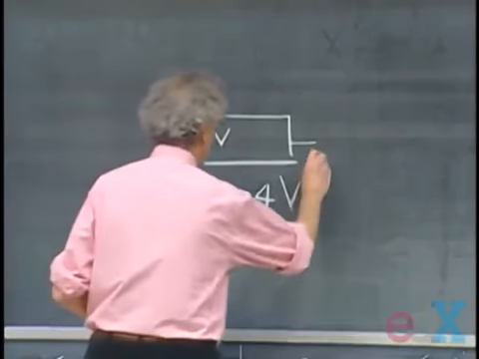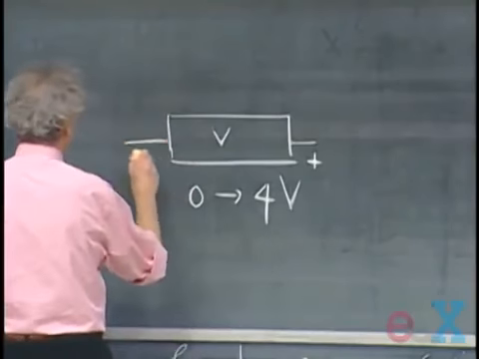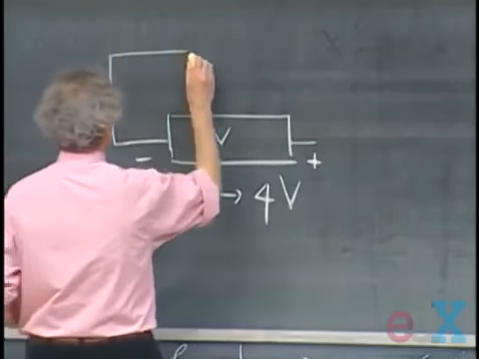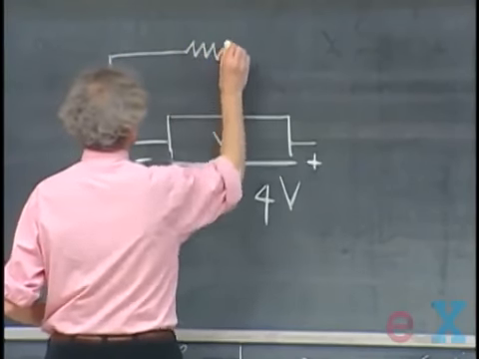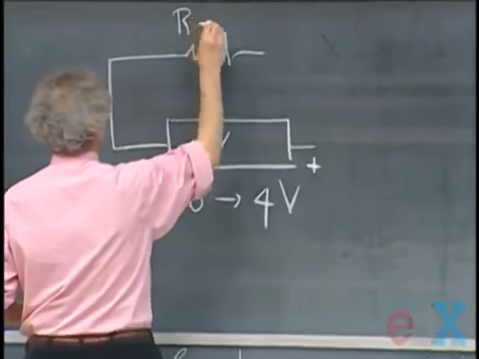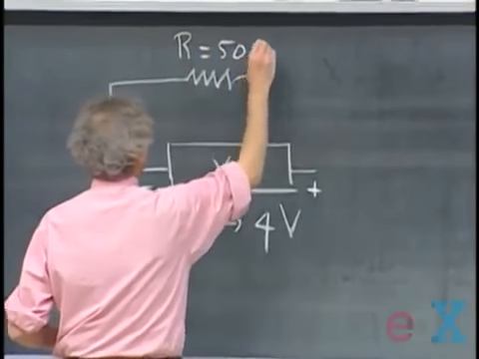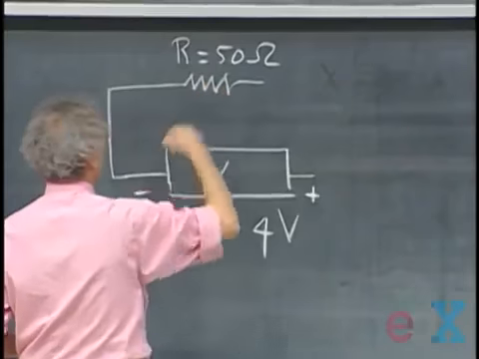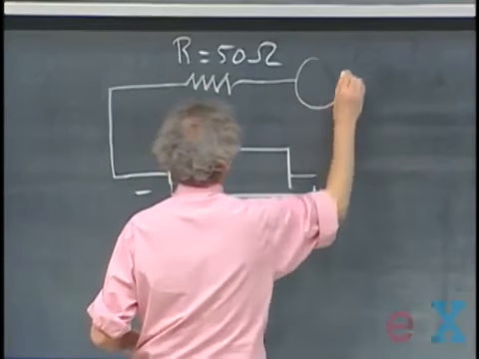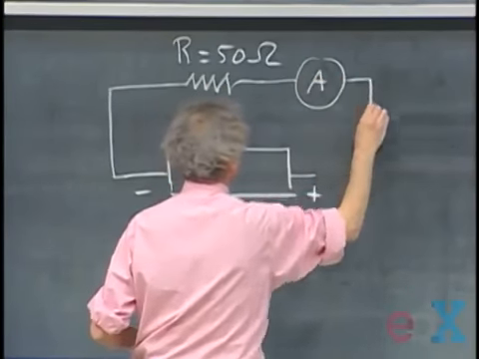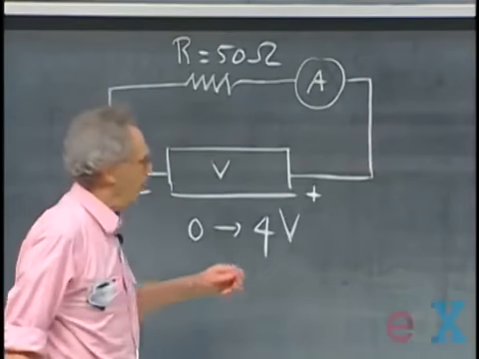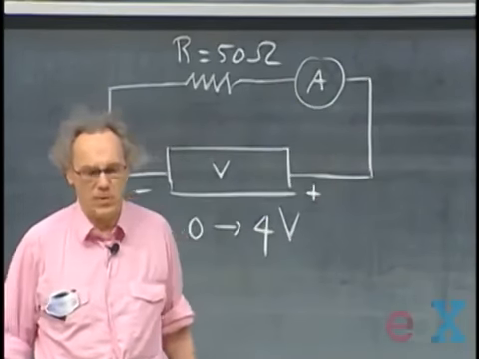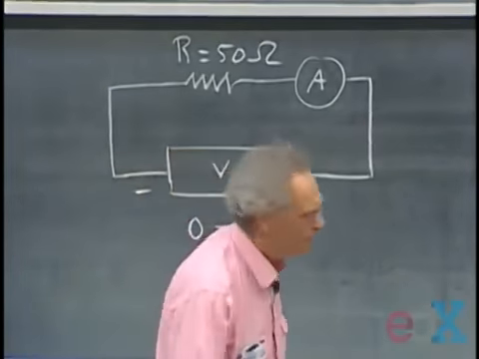This is the plus side, and this is the minus side. I have connected it here to a resistor, which is 50 ohms. We use this symbol for a resistor. And here is a current meter. The current meter has negligible resistance, so you can ignore that.